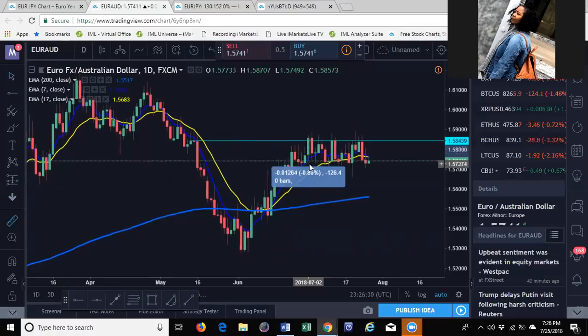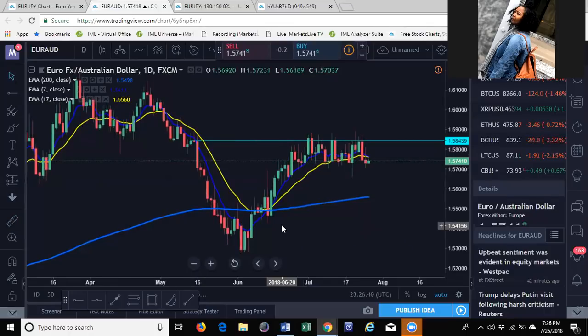That's 126 pips. So if you were looking at this on the daily chart and you had the patience to put in a daily sell limit using the teacup method, you would have gained 126 pips off of one trade, guys. So this is just an example of back testing the teacup strategy.